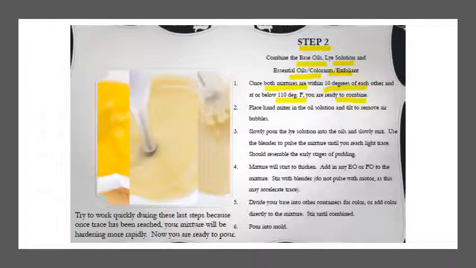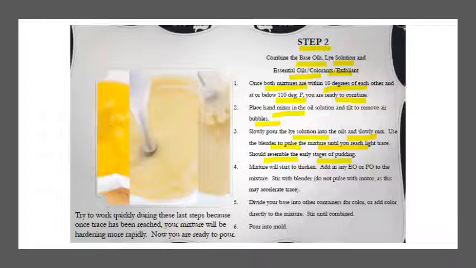Place the hand mixer in the oil solution to remove the air bubbles. Slowly pour the lye solution into the oil and slowly mix it with the blender, pulsing the mixture until you reach the light trace. It should resemble the early stages of pudding.